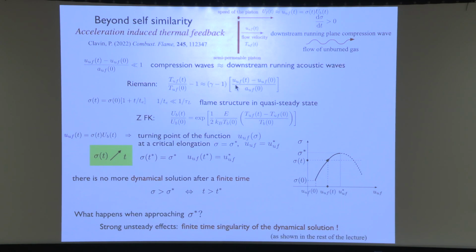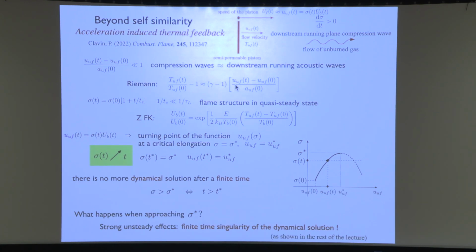To do that, you have to solve the flow by itself. But now, you can expect something dramatic at this point.